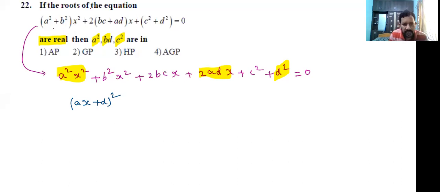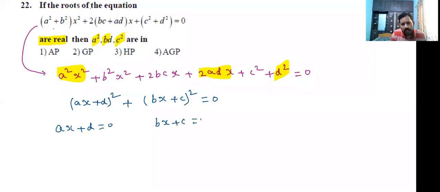Remaining 3 terms, we can write bx plus c whole square, that's equal to 0. Now, when this equation exists, if ax plus d equal to 0 and bx plus c equal to 0, then only the equation will be satisfied.